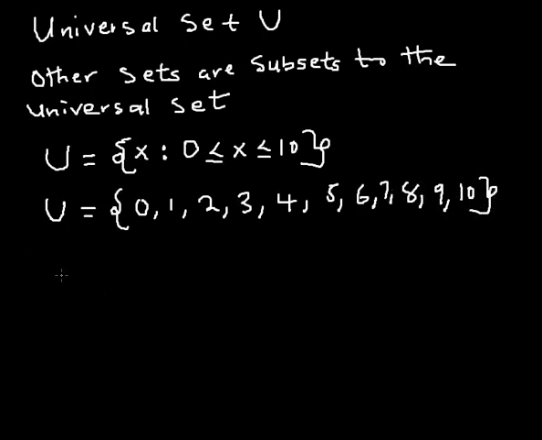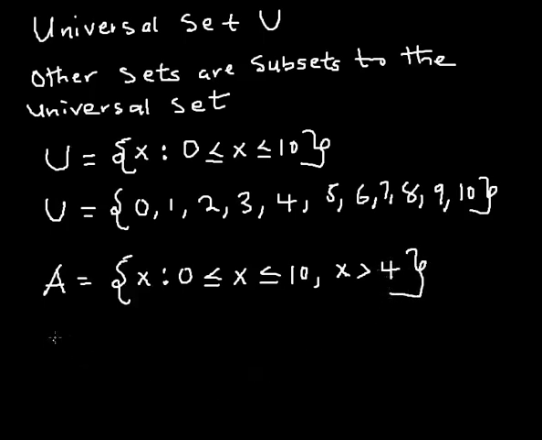But if I now have a set A, it can be a subset of the universal set, where I can say set A is x such that 0 is less than or equal to x, and x is less than or equal to 10. Then now bring a clause, let's say x is greater than 4.